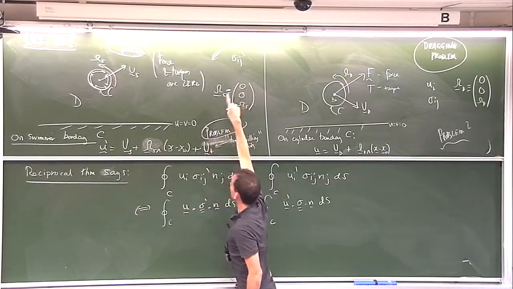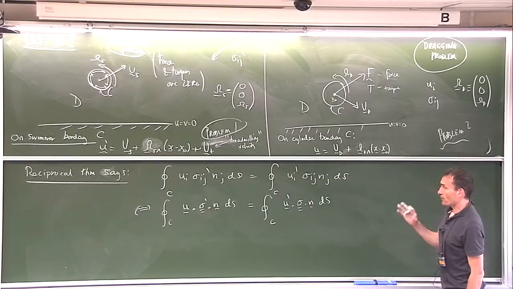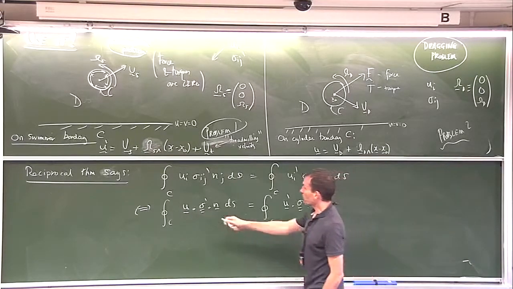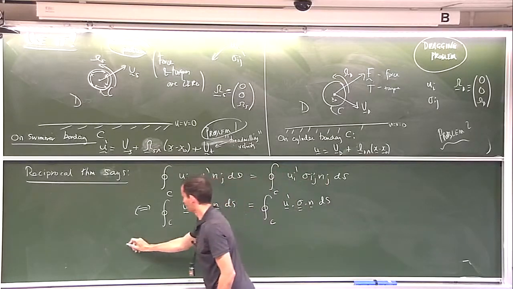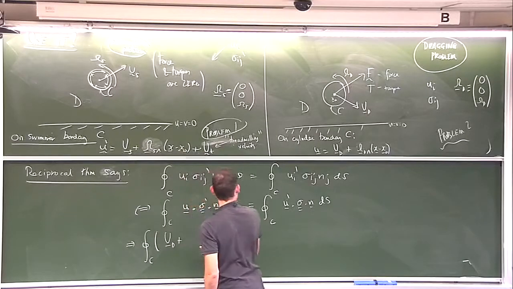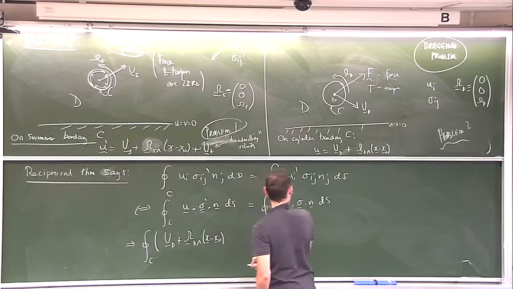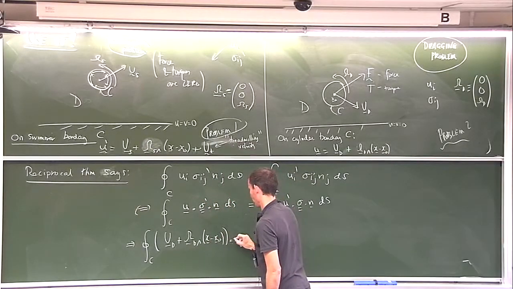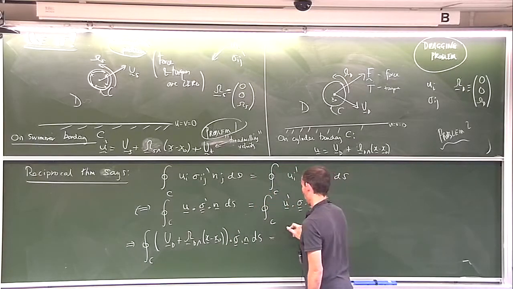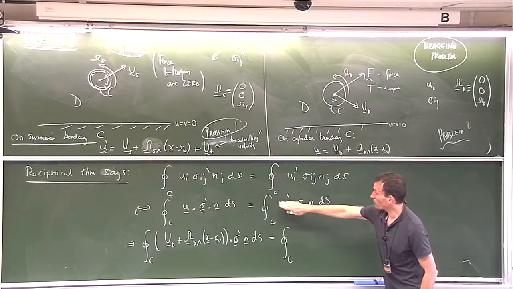Because everything is prime. Let's substitute the u's. And this is where the magic happens. Let's substitute the u, which is this one. Okay, I've just substituted u from this one, and I'm going to substitute u prime from this one.